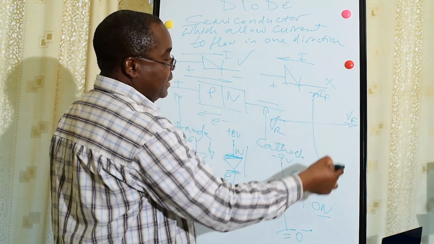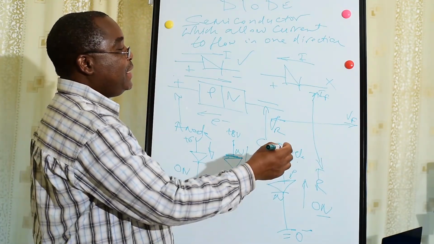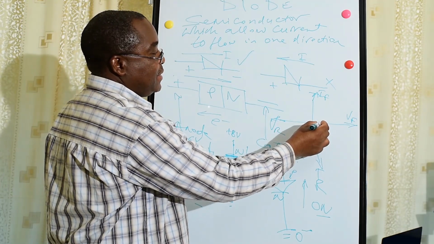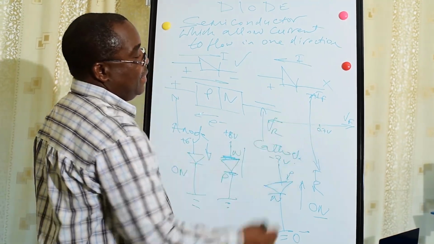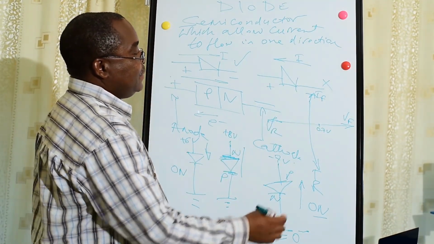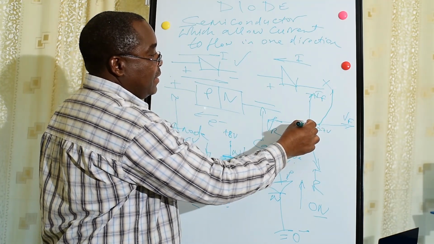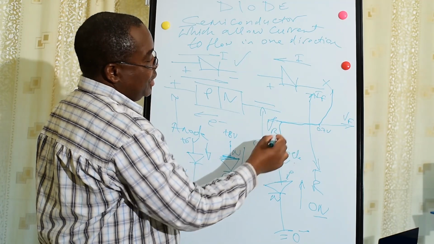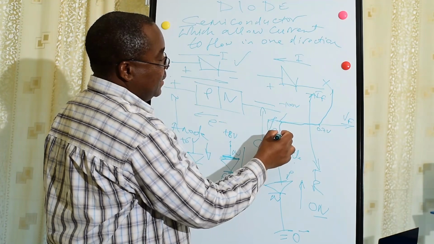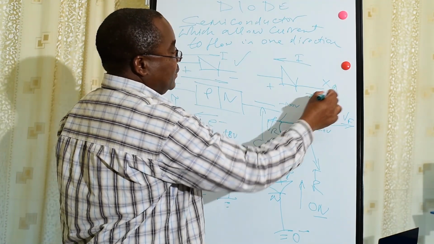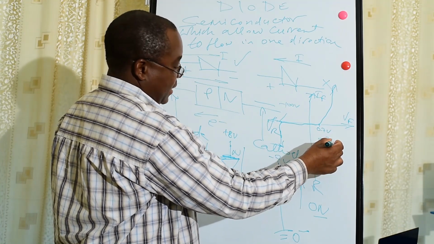In operation, a diode will conduct when you apply 0.7 volts here. The diode will start conducting. So in a graph it will be like this, and in a reverse direction, let's say it will be minus 100 volts. 0.7 is called the knee voltage.